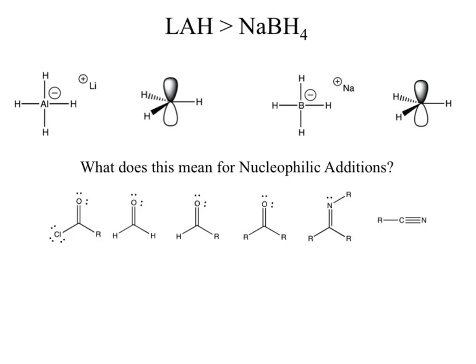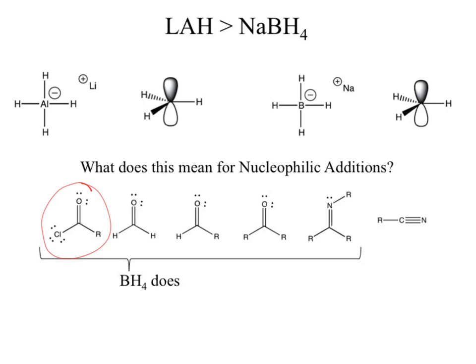More on this. What does this mean for our nucleophilic additions? Depending on what we are trying to reduce, we will change the reagent. Okay. BH4 will do all of those. Or borohydride. Why does it react with the acid chloride? Sorry, that very first one. It's known as an acid chloride.